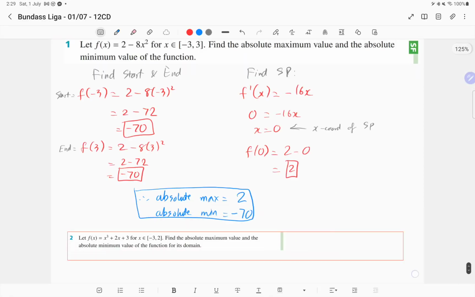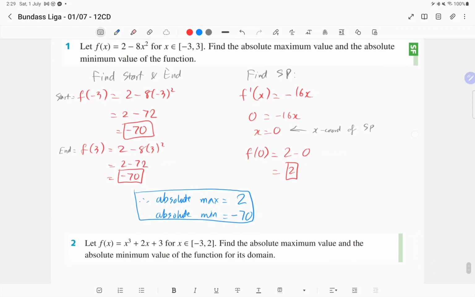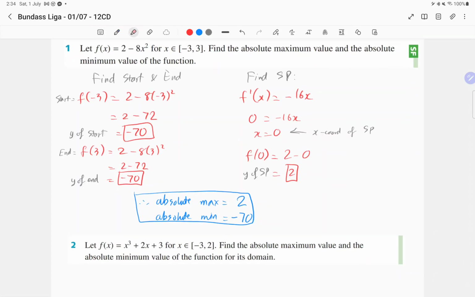Okay, so that's the full answer for question 1, and I'll leave question 2 here, so you can have a head start with question 2.